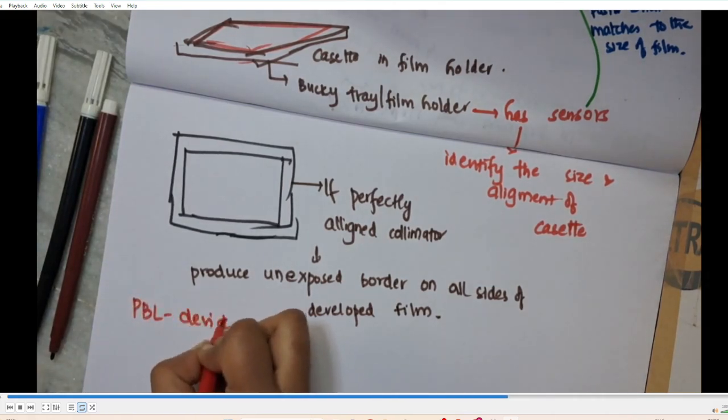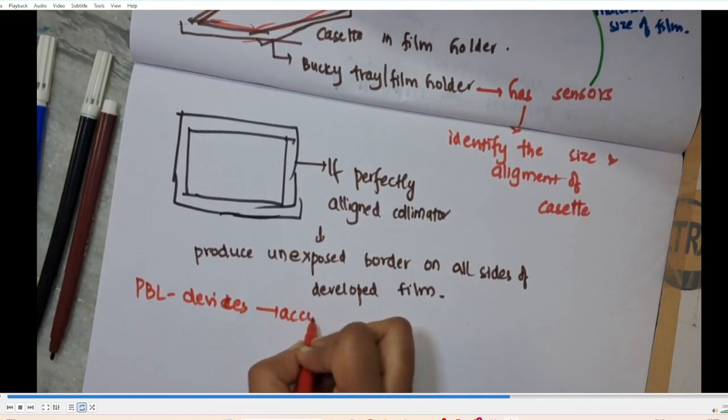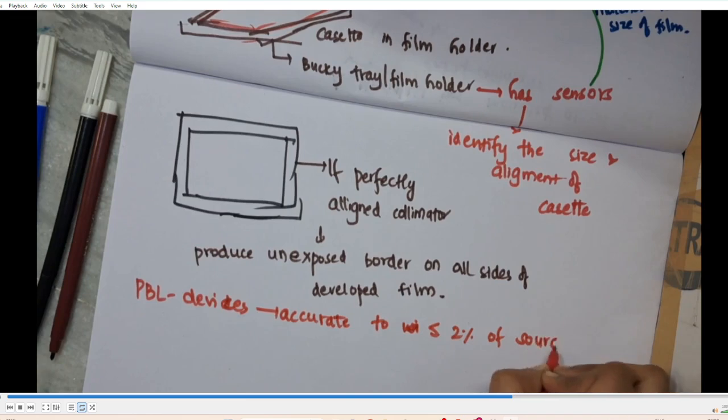These positive beam limiting devices must be accurate to within 2% of the source to image distance.